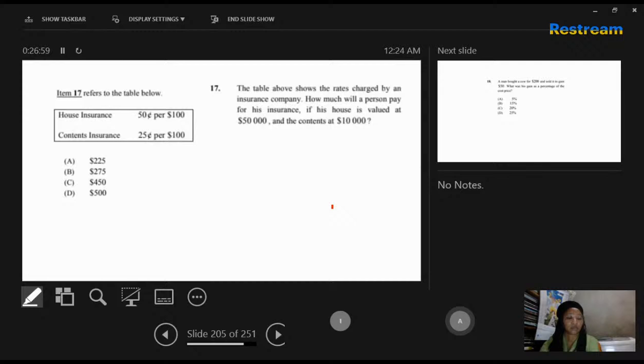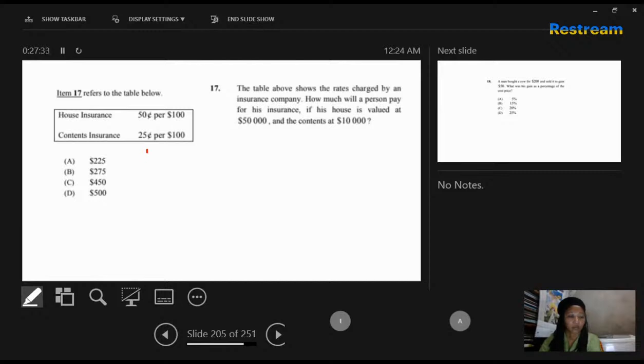Number 17. The table above shows the rates charged by an insurance company. How much will a person pay for insurance if his house is valued at $50,000 and the contents at $10,000? The house insurance is 50 cents per $100 and the contents insurance is 25 cents per $100.